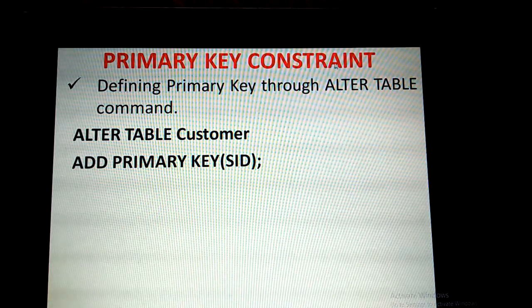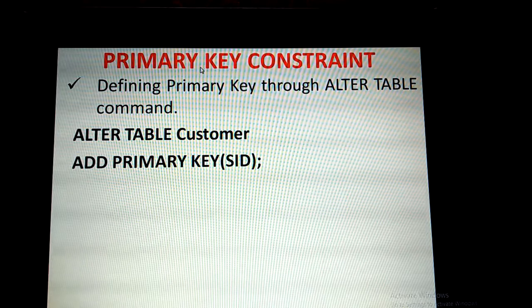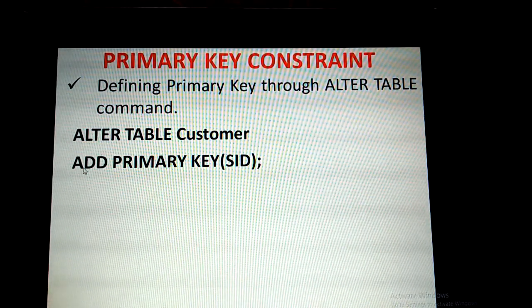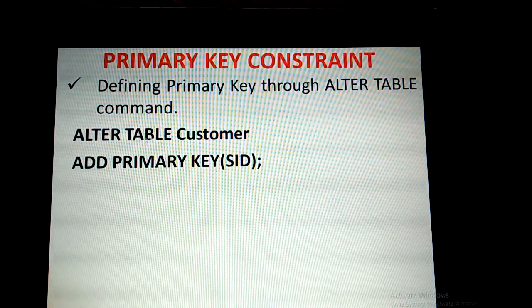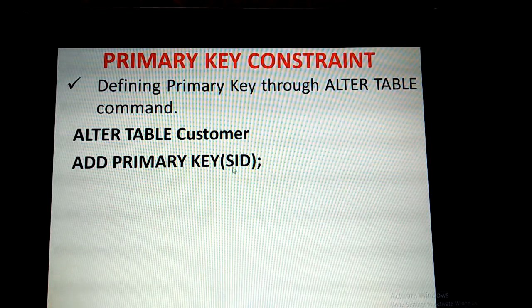Next is primary key constraint through the alter table command. How can we specify the primary key using alter table? We need to give add. Alter table, the name of the table we want to alter, add primary key of SID.